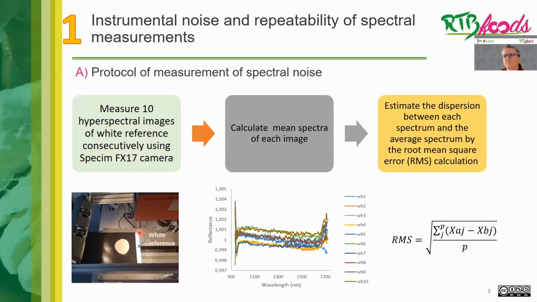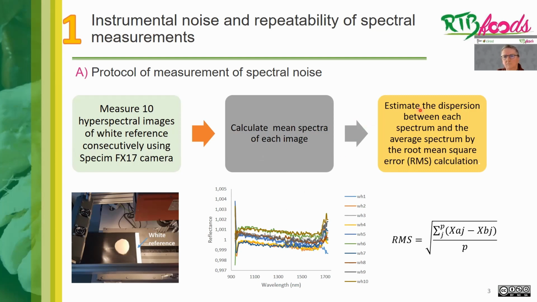The white reference has 100% reflectance. For each image we calculate the mean spectrum, and here you see the mean spectra of each image of the white reference.